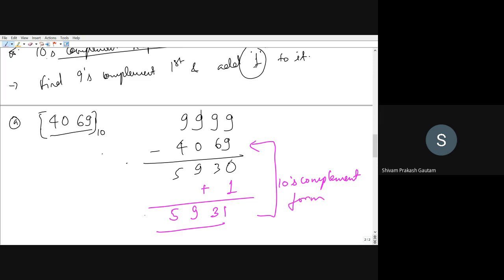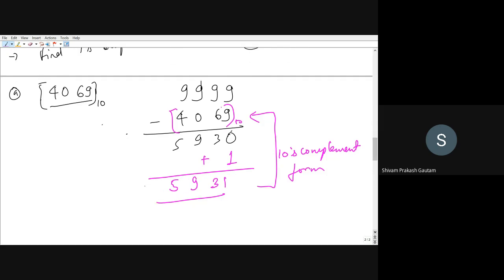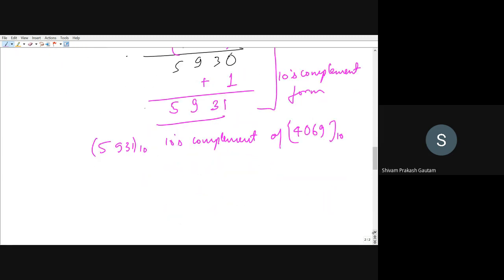This number is in decimal, and this is the tens complement representation of it. You can say that 5931 in decimal is the tens complement of 4069.